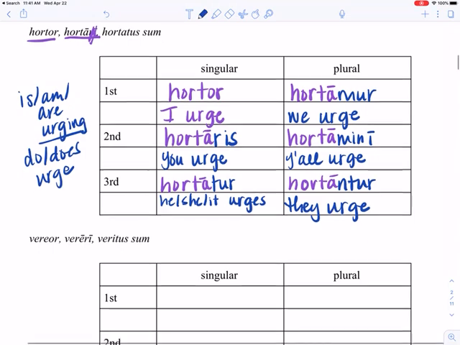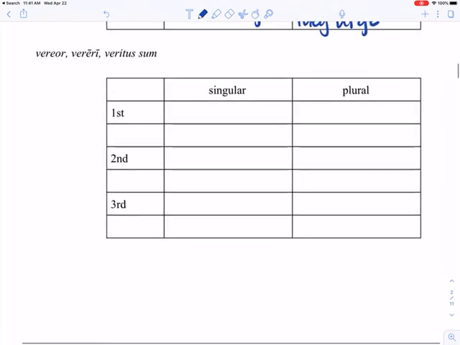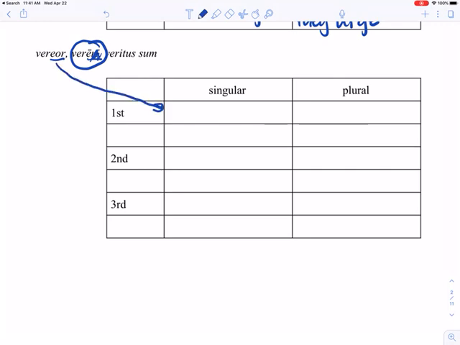All right, so we're going to move on to vereor. Vereor is second conjugation, and I know that because of the EOR and the ERI. And again, because it's second conjugation, we're going to drop the RI there. But first, we are going to put vereor right there in my first singular box.